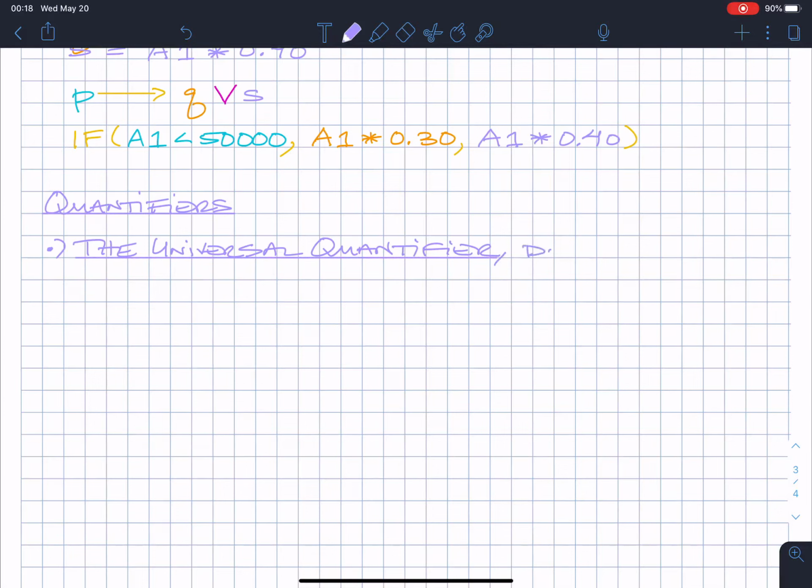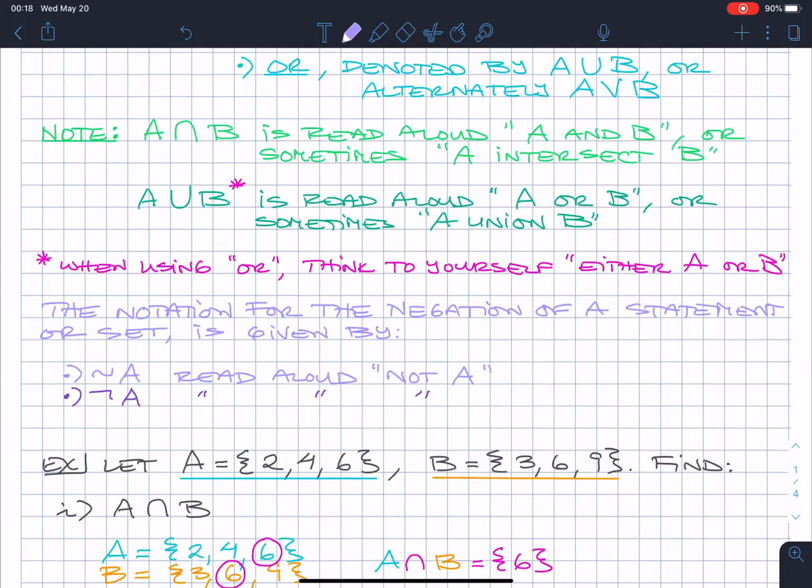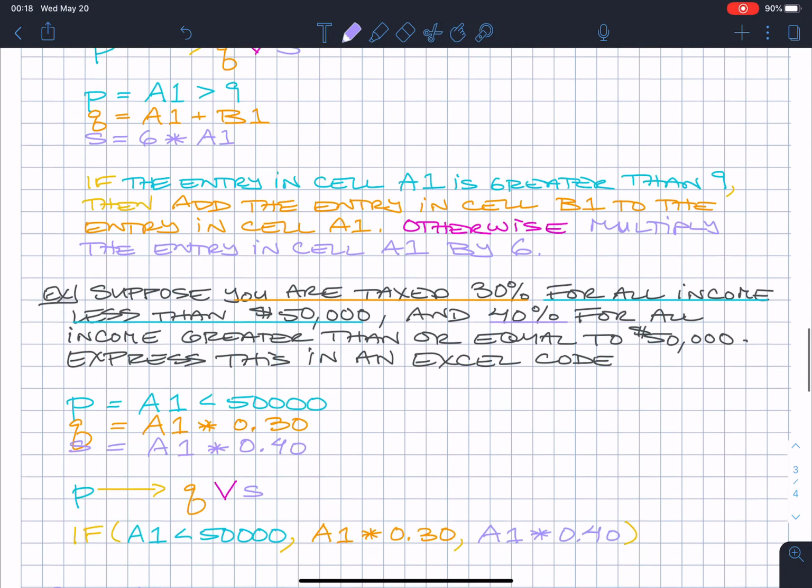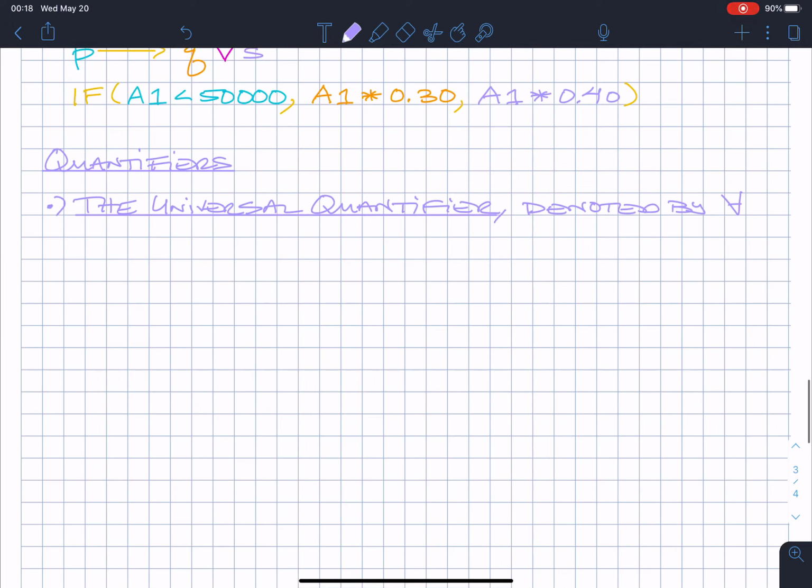This is denoted by a capital upside down A, and this is read aloud "for all." The way I remember it, something universal would encompass everything, so "for all," and because I'm using the word all, I can remember it's an upside down A.